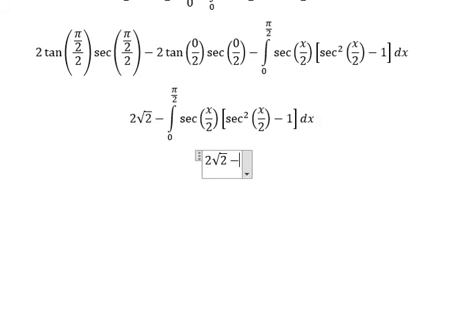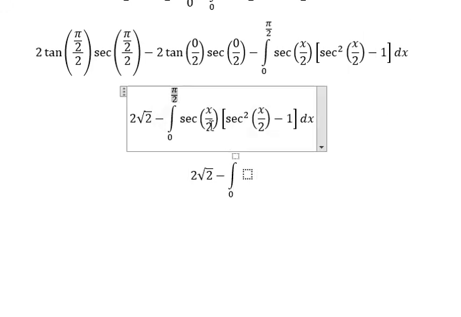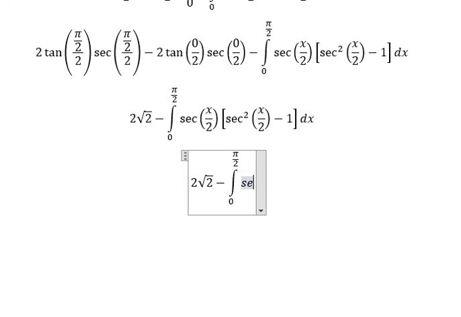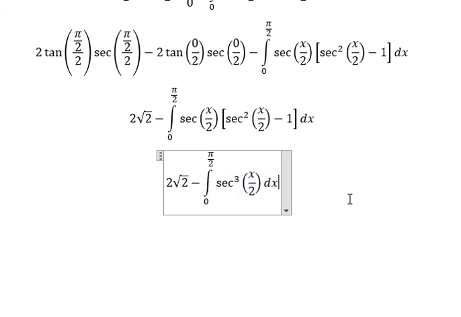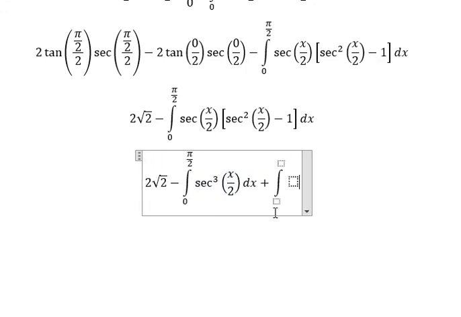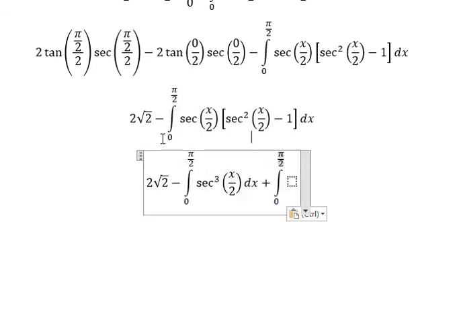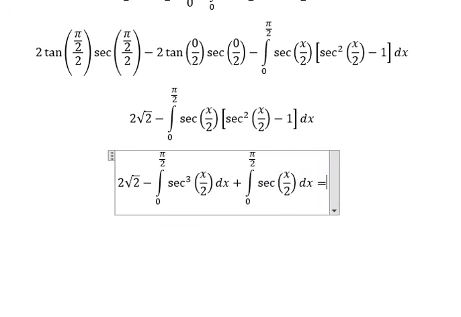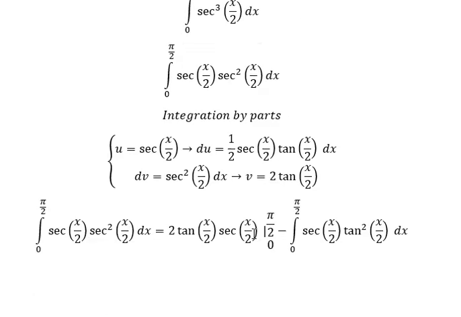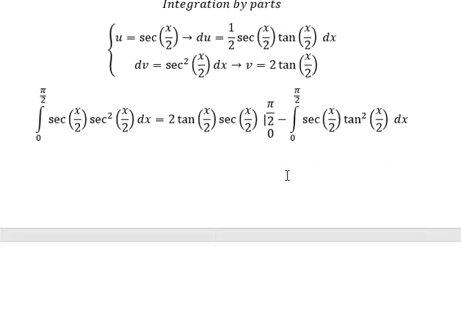That's about the integration from 0 to b over 2, and we have secant of s over 2 to the power of 3 plus the integration from 0 to b over 2. Because we have the negative in here, negative with negative, you got about positive. And we know that everything in here equals to this integration.